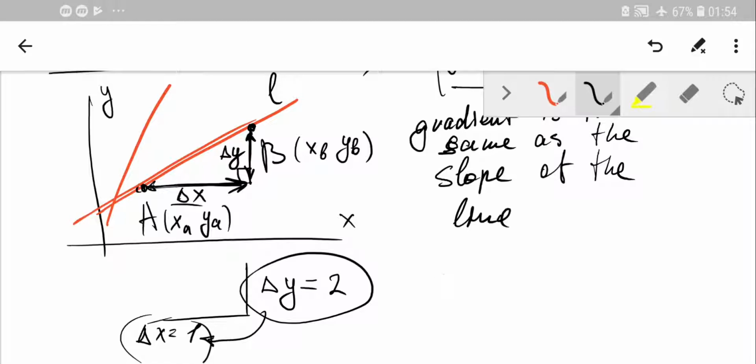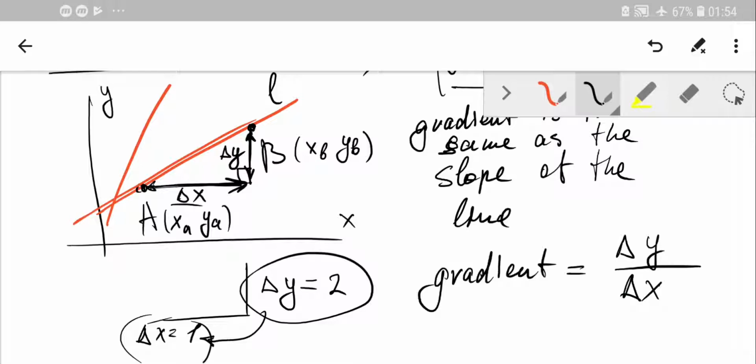That's why we can define the gradient in the following manner. We need to take the ratio of how much change in y you have for a unit change in x. Okay, that's the gradient by definition.